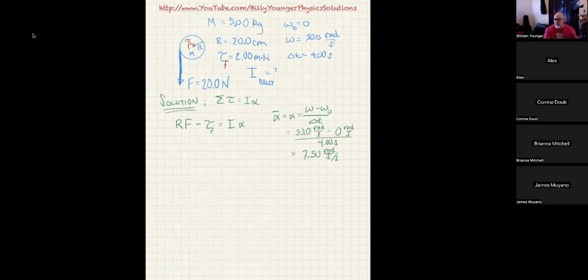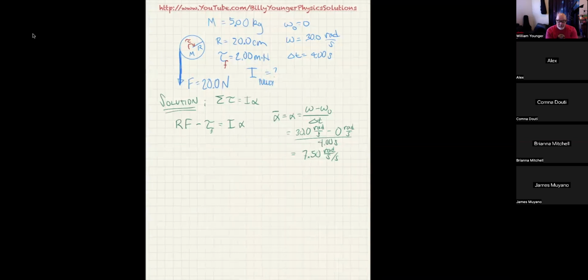So 2 times pi would be 6.28. So it's a little bit more than 1 rotation per second is what the velocity would be after 1 second. And then after 2 seconds, it would be 15. And then after 3 seconds, it'd be 22.5. And after 4 seconds, it'd be 30. So that's how the acceleration is actually worked out.